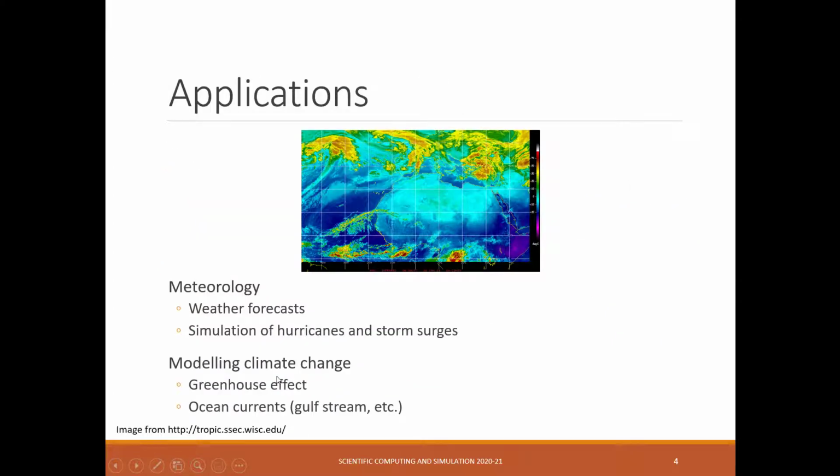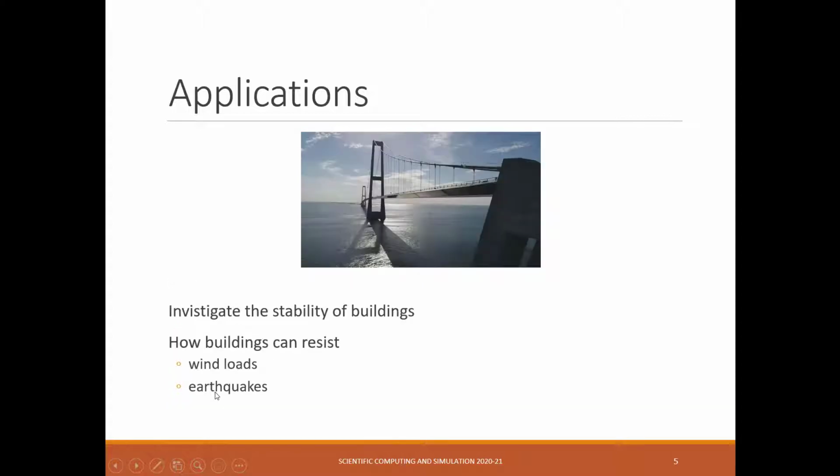Now we want to go through some applications of computing in science and technology. Scientific modeling is used in meteorology to forecast weather and study the impact of greenhouse gases on climate change. Investigating the stability of large-span bridges and skyscrapers against earthquakes and wind loads is another application of scientific computing.